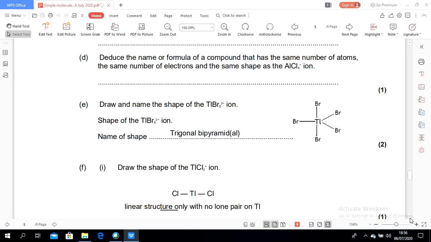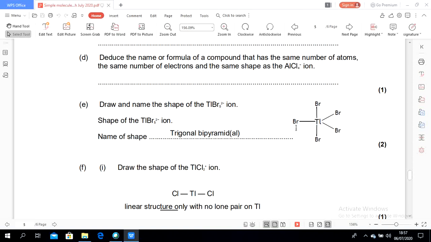Draw the shape and name the shape of the thallium bromide ion, TlBr5 2 negative. This is the drawing. Tl forms 1, 2, 3, 4, 5 covalent bonds with the bromine.